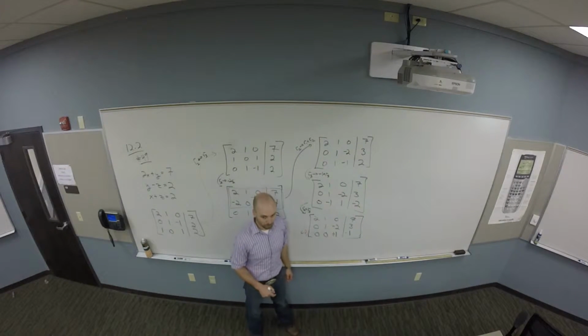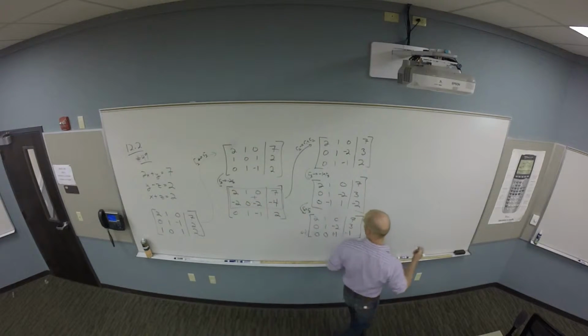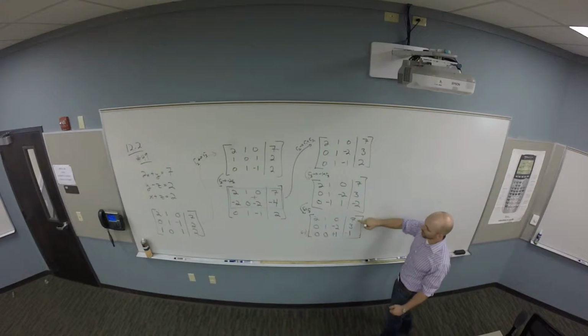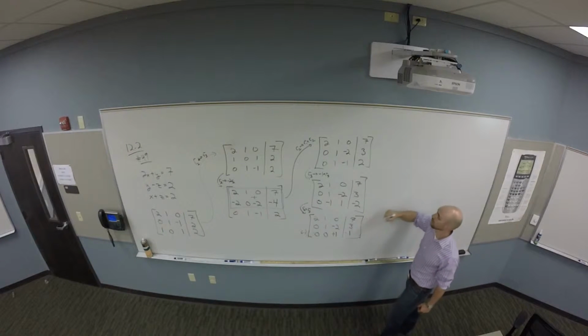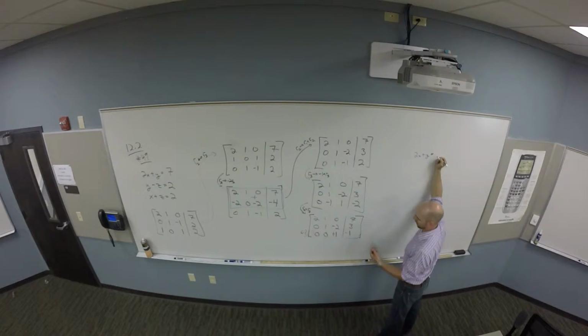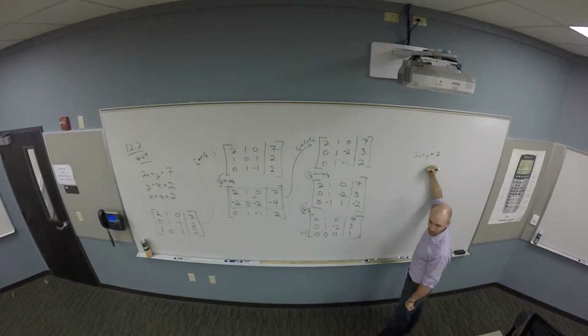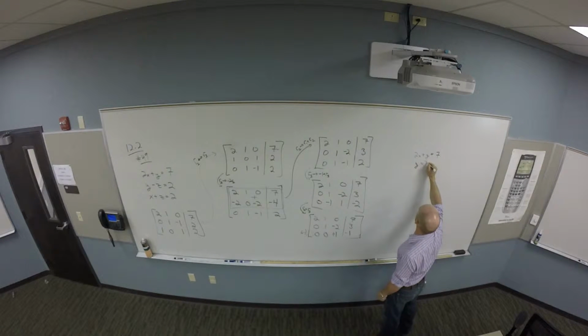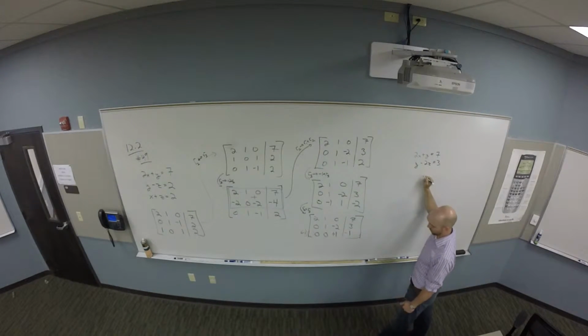Back sub? Okay. So right now at this point, what's my first equation read? 2x plus y is 7. What's my middle equation read? Y minus 2z is 3. And what's my last equation read?